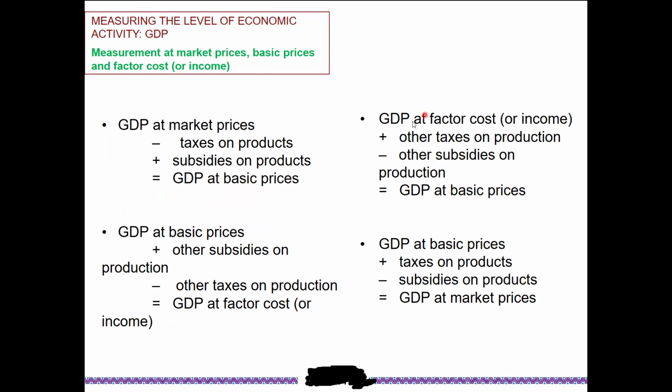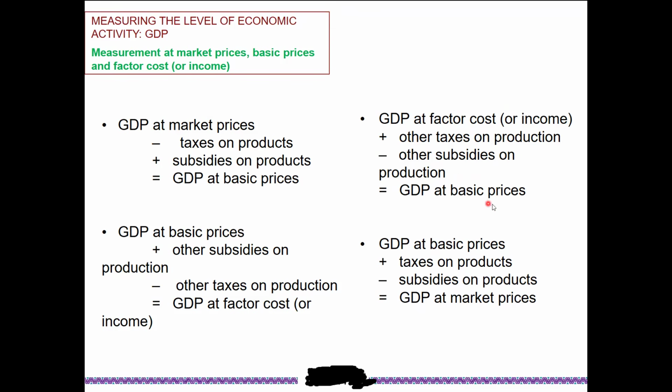So this is the output still in the factory, because it's GDP at factor cost. So the output is in the factory. And then they're going to add taxes on production because they're still in the factory, minus subsidies on production because this is still in the factory, right? It's the factor cost. You're going to get GDP at basic prices.